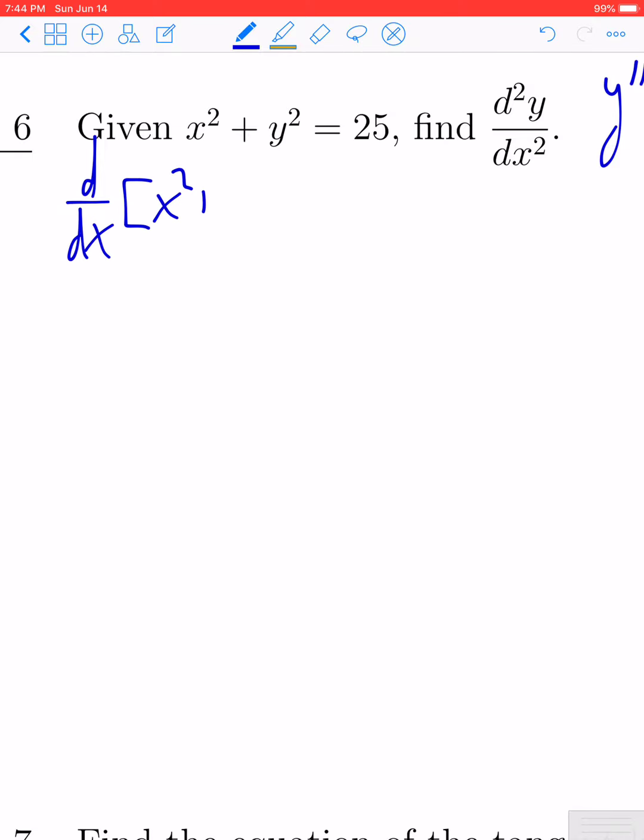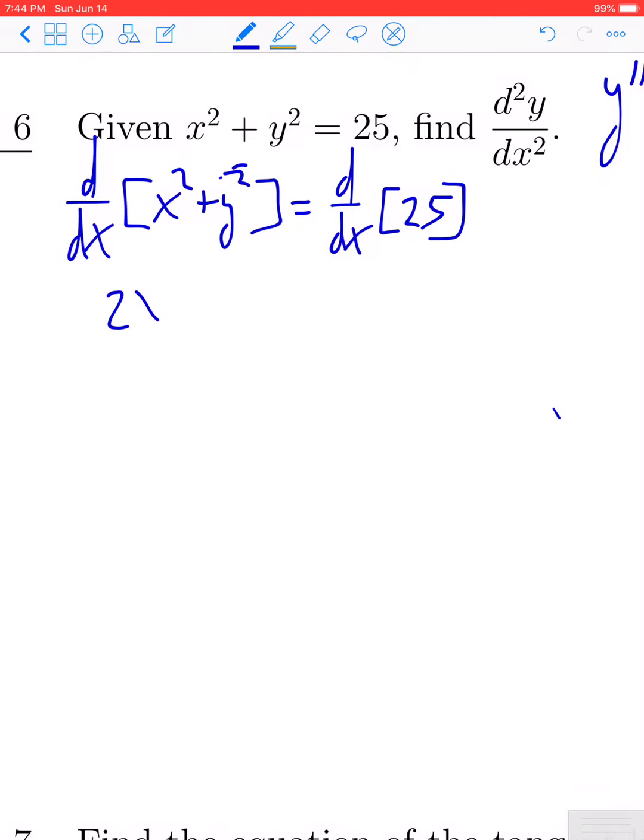We get x squared plus y squared, and this will be equal to the derivative of the right-hand side, which is 25. The derivative of x squared plus y squared is going to be 2x plus 2y y prime, and this is going to be equal to 0.